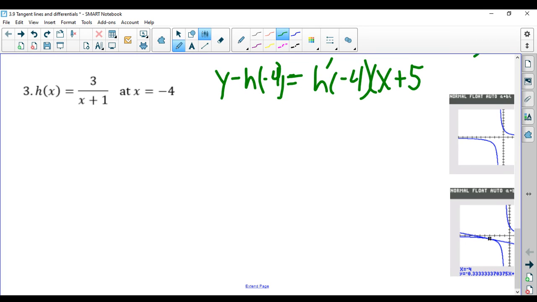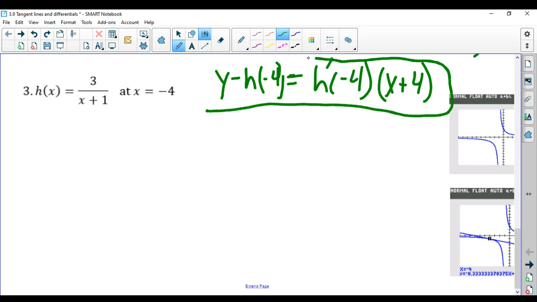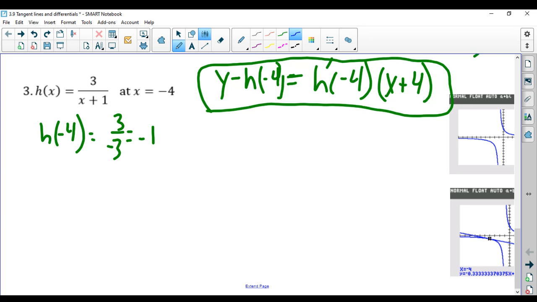So this is the equation of our tangent line. H of negative 4 is 3 over negative 3, which is negative 1. So that's going to be right here, y minus a negative 1.